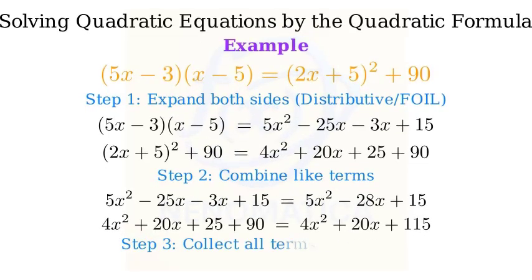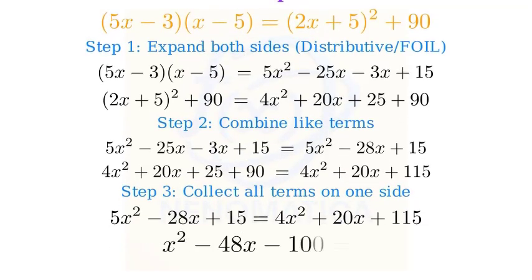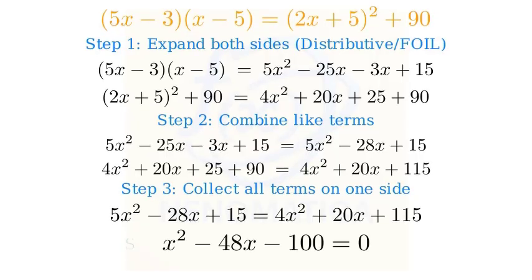Step 3. Set the expanded forms equal and move everything to the left so the equation equals 0. 5x squared minus 28x plus 15 equals 4x squared plus 20x plus 115. Subtract the right side from both sides to get x squared minus 48x minus 100 equals 0. Step 4.